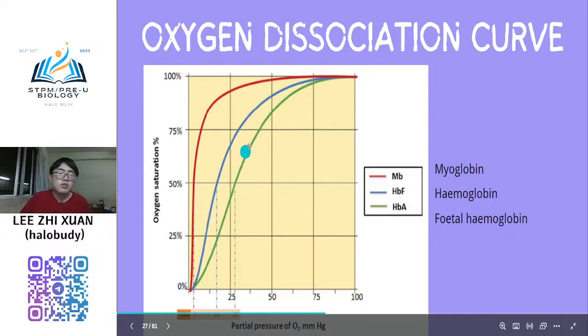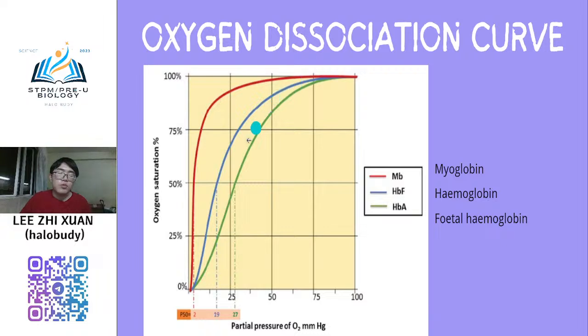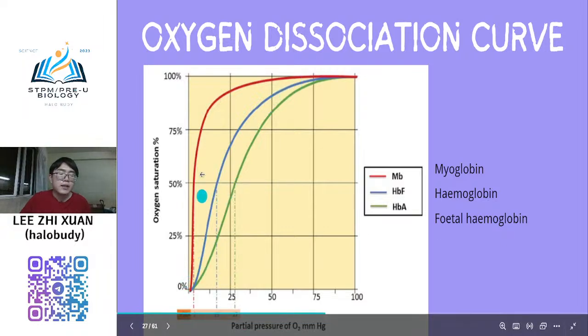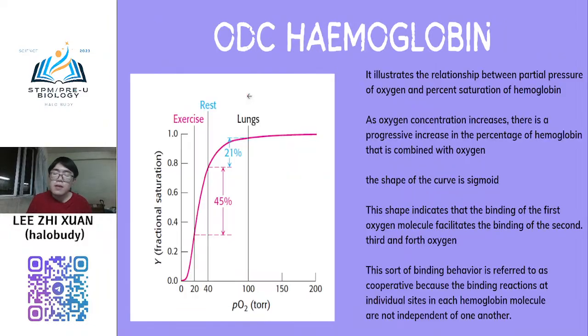The green color should be the normal adult hemoglobin, the blue one is the fetal hemoglobin, and the red one is myoglobin. I apologize for this mistake. Later I will change it.